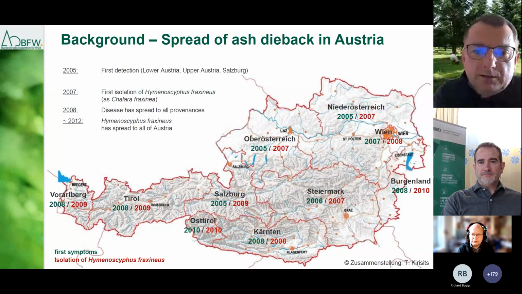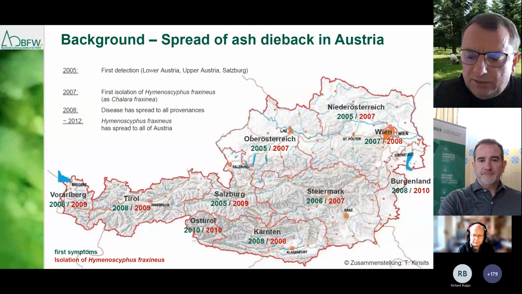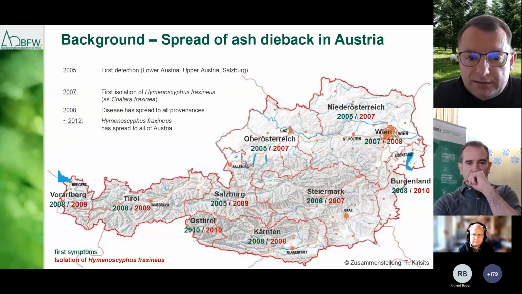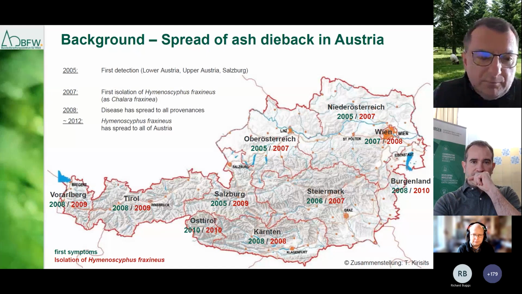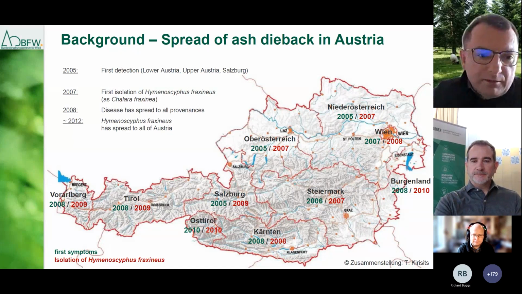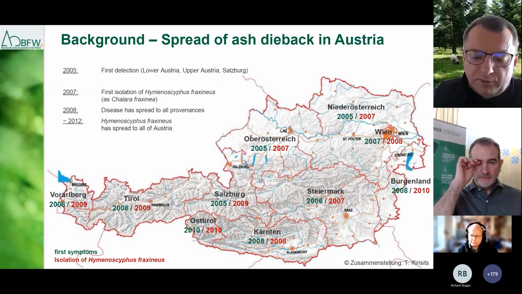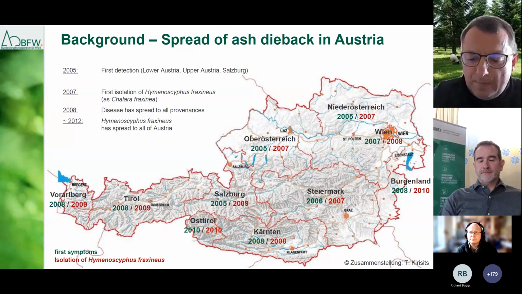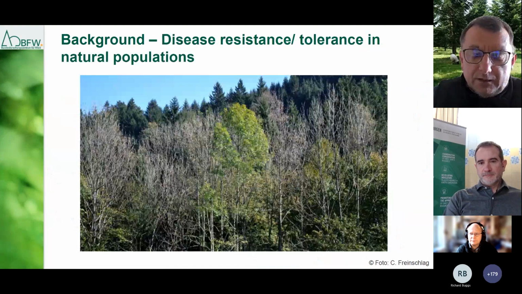The disease was first detected in Austria in 2005. In 2007, Thomas Kirisic was able to isolate it for the first time. At that point, we were still hoping that it would stay a local problem in some areas, but by 2012 it had spread all over Austria, so it was basically present in all the occurrences of ash in Austria, and of course was causing a lot of damage.